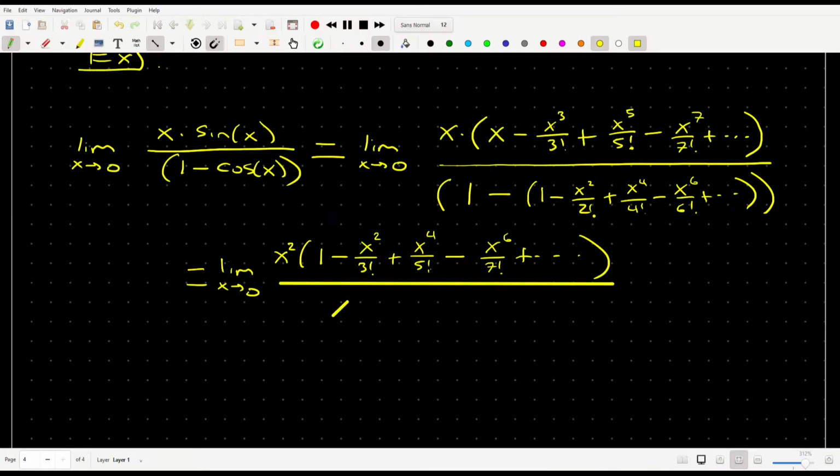This is going to be x squared times positive 1 over 2 factorial, which is 1/2, minus x squared over 4 factorial plus x to the 4th over 6 factorial, and so on and so forth.